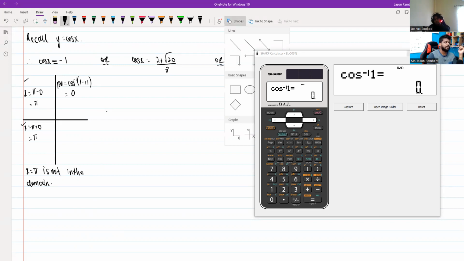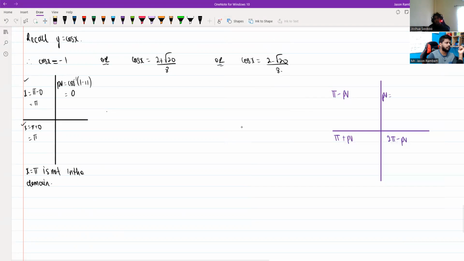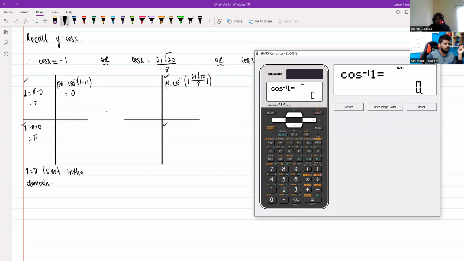Let's go to the second set of solutions. Over here, cosine is positive, so solutions lie here and here. So my principal value is going to be cosine inverse of the modulus of 2 plus root 20 over 8. 2 plus root 20 divided by 8 is that.